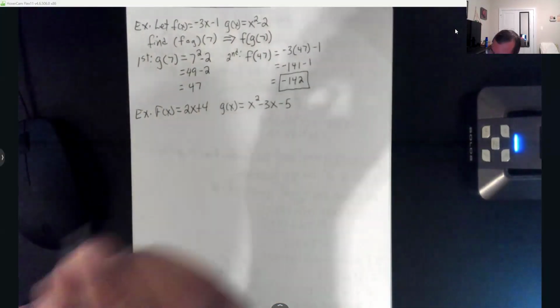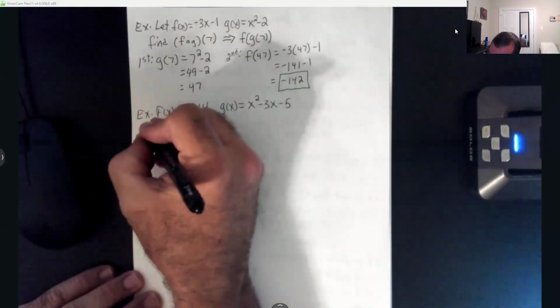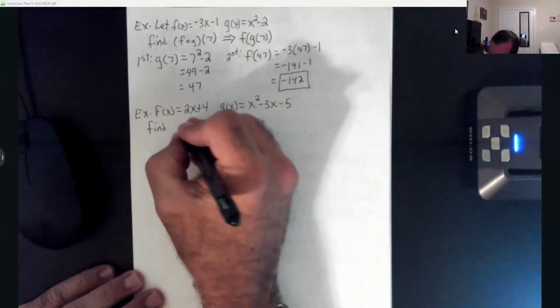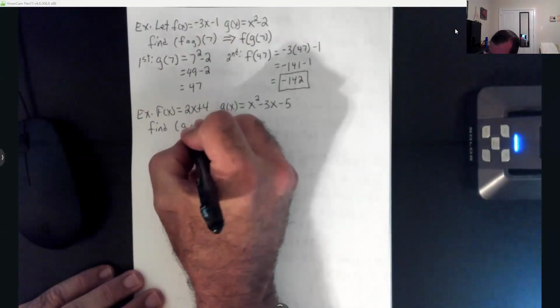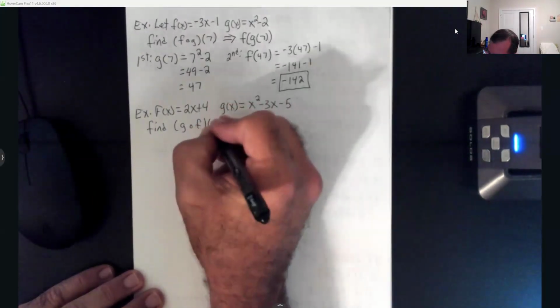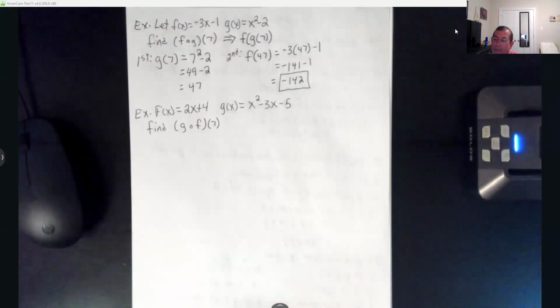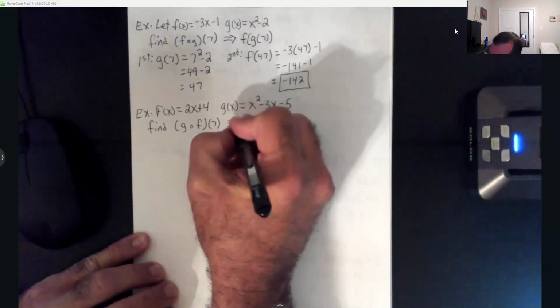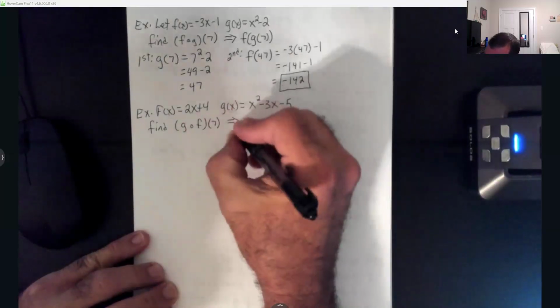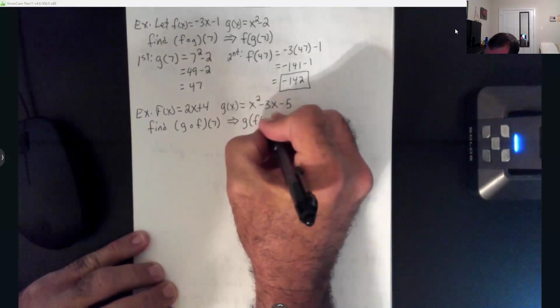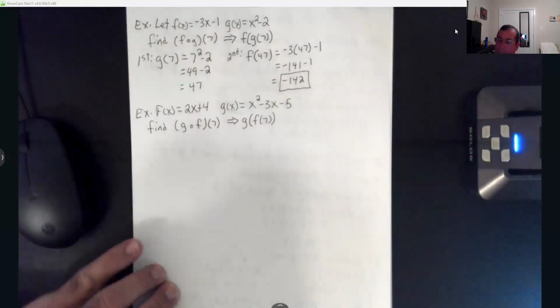All right, also on this one, they want us to find G compose f of 7. So it looks like 7 is my popular number for today. All right, so remember, this one's opposite, so this is like finding G of f of 7.